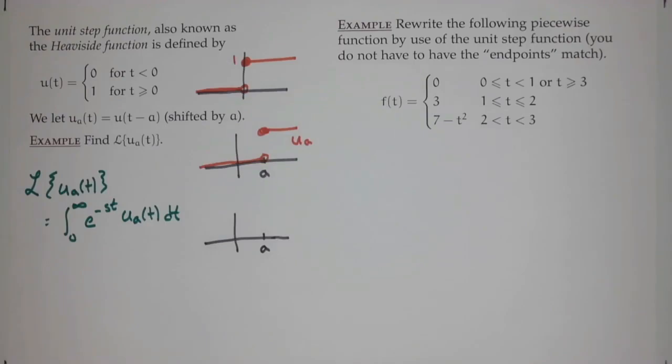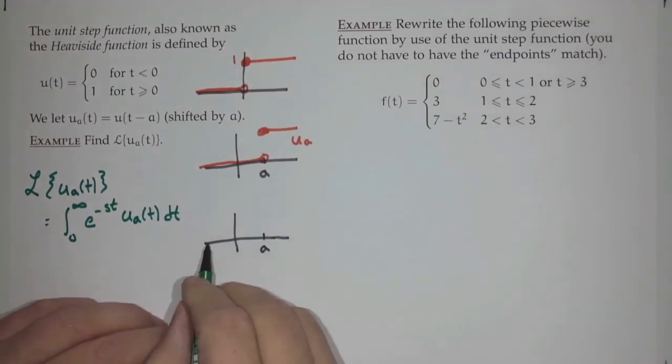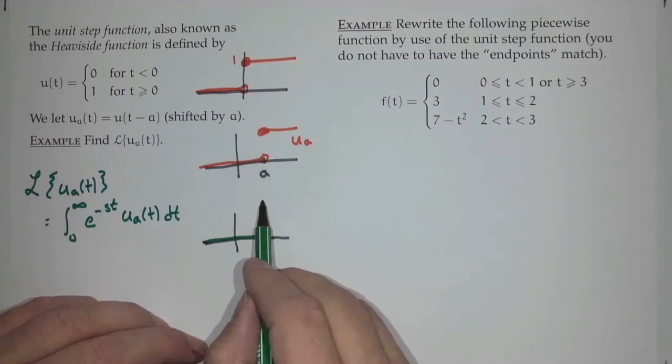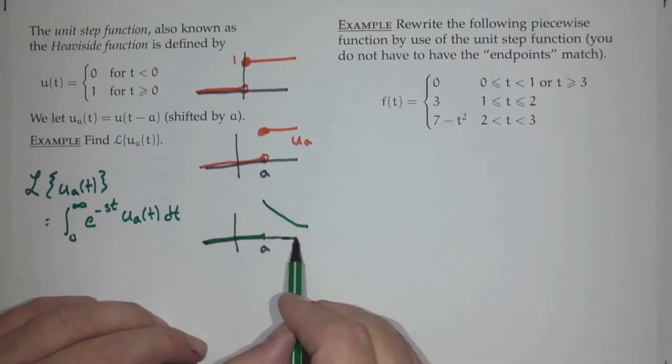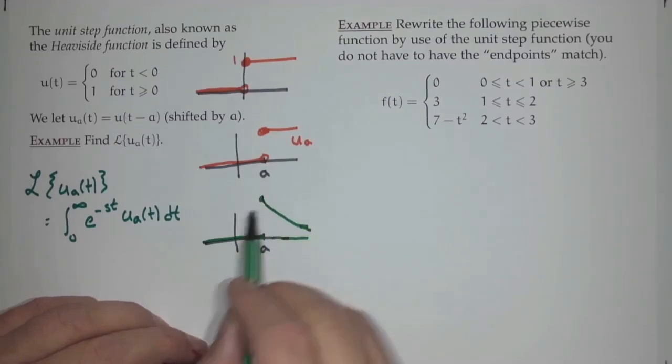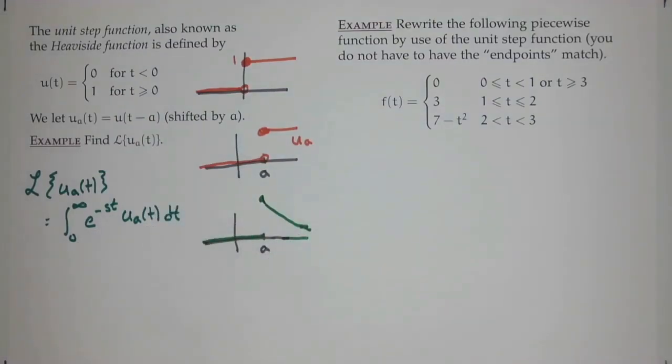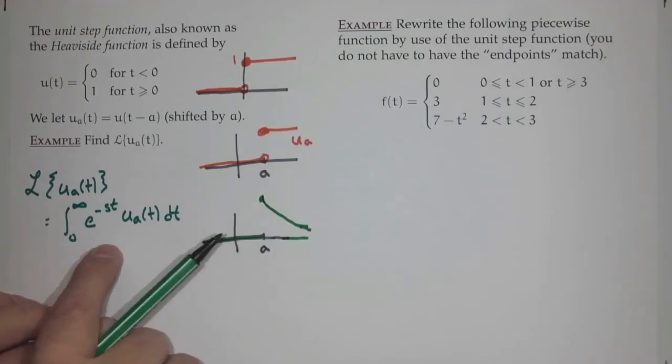If I'm before a, I'm off. If I'm after a, I'm on. 0 and 1. So before a, nothing. After a, the exponential function. So that's what this does. So in terms of the integration, how can we do it? Well, someone said piecewise.